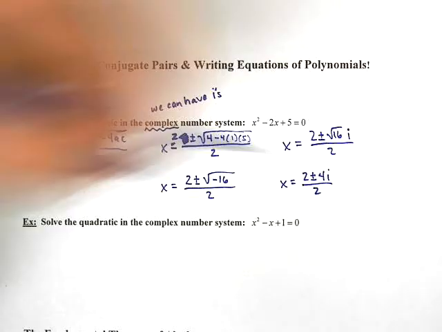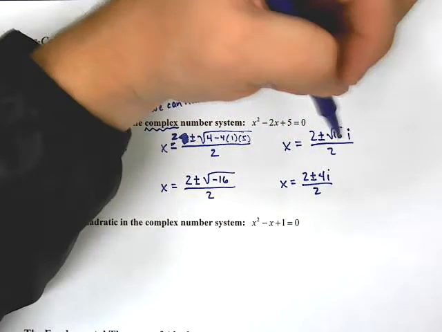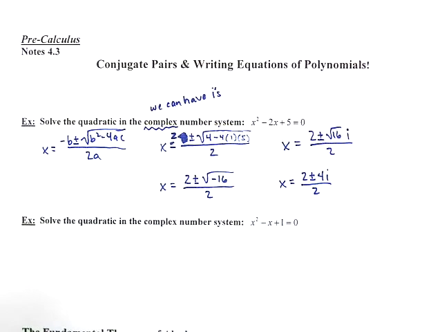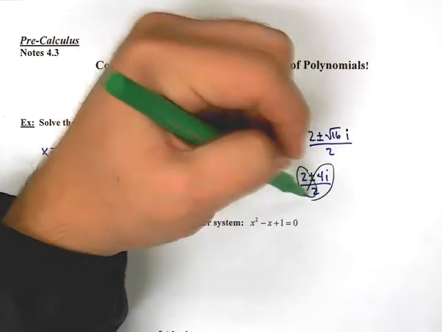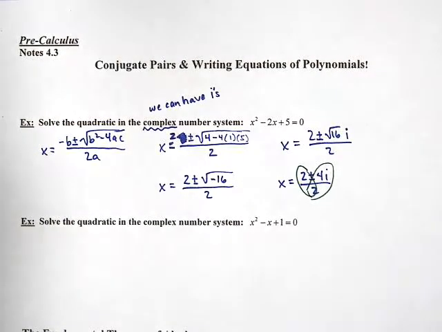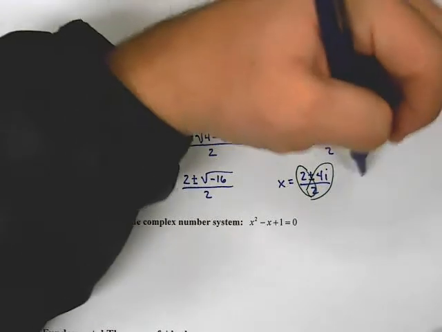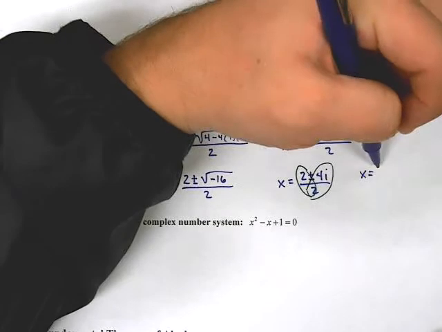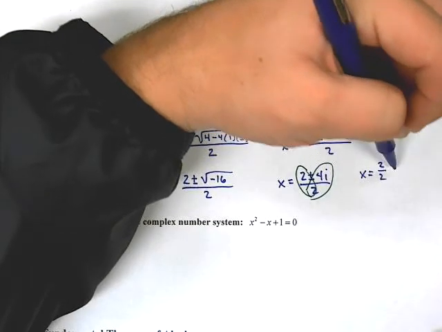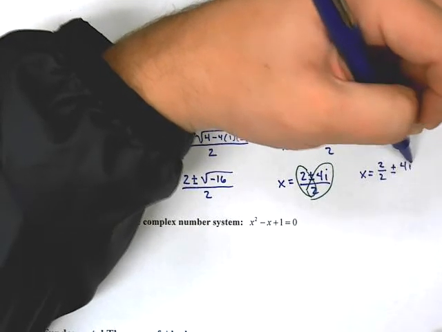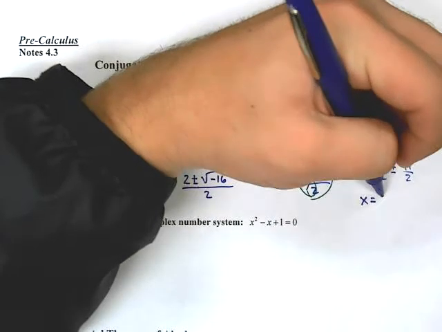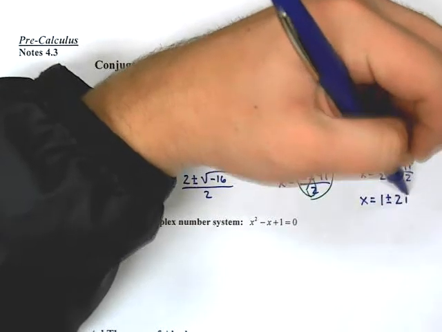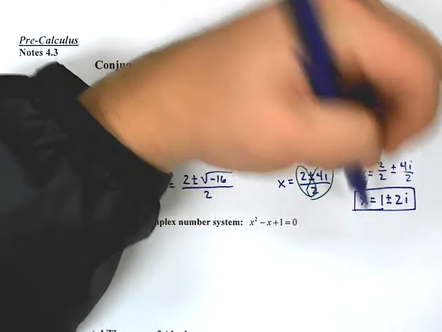I'm going to split this up just so I can see both pieces, remember, we need to use the heart. So now I have that x is equal to 2 over 2 plus or minus 4i over 2, or x is equal to 1 plus or minus 2i. That would be my solution.